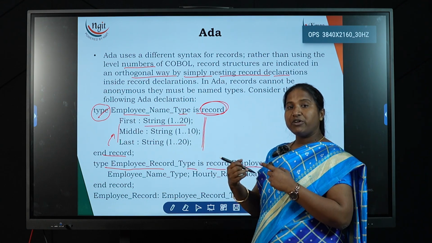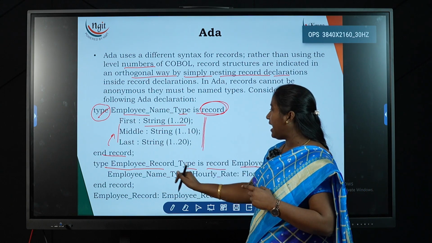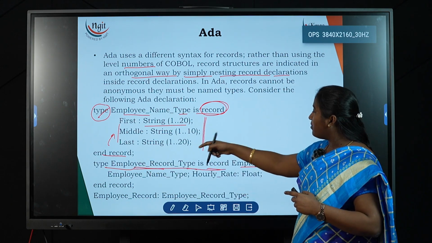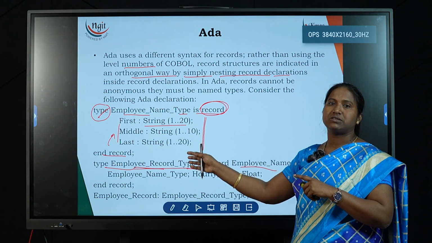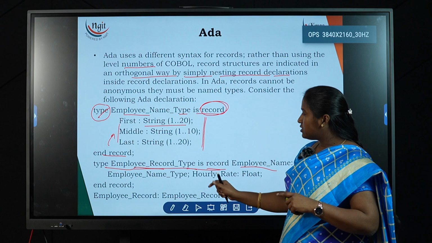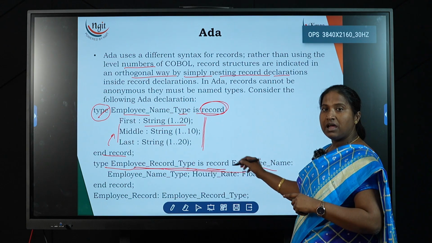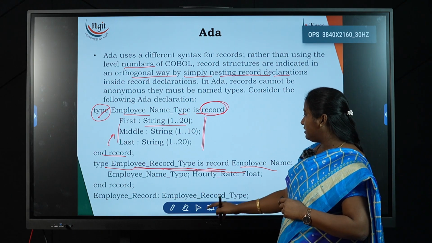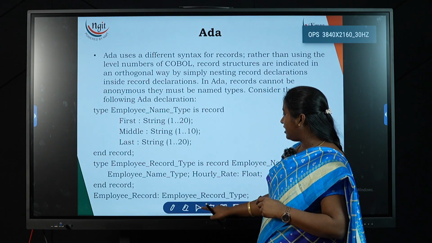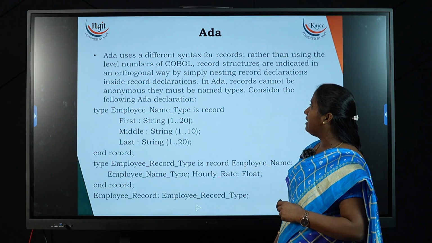If I want to mention a value, I have to access it through the complete record. So records are always accessed through references, not through indexes. That's why we have given the reference object over here to give the value. And this is the way of writing records in the Ada programming language.